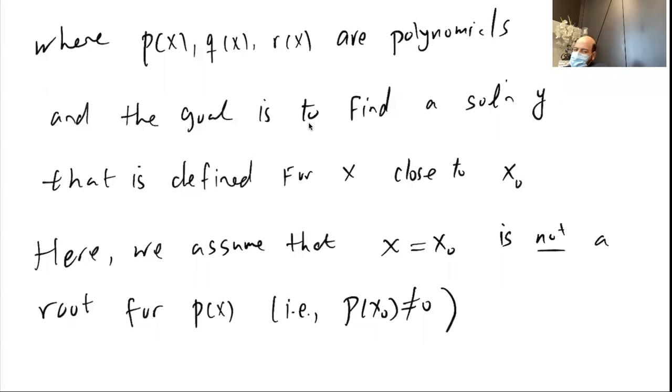You may wonder why. Well, the calculation turns out to be more complicated if x naught is a root for P of x. So if x naught is not a root for P of x, it's called an ordinary point for our ODE, and the calculation will be easier. If x equals x naught is a root for P of x, then it will not be an ordinary point and is called a singular point, and the calculation will be more complicated. So let's see the definition below.